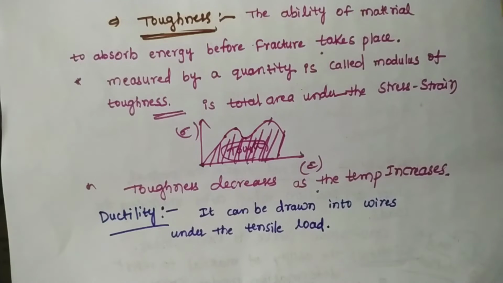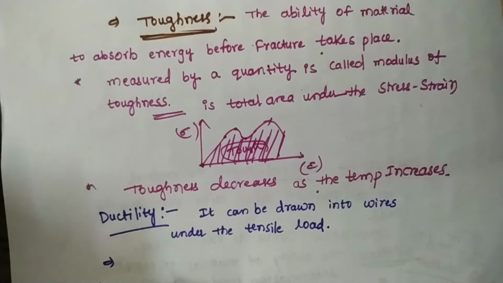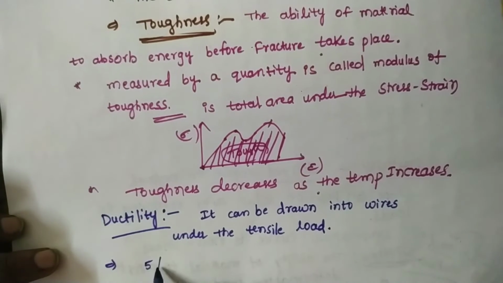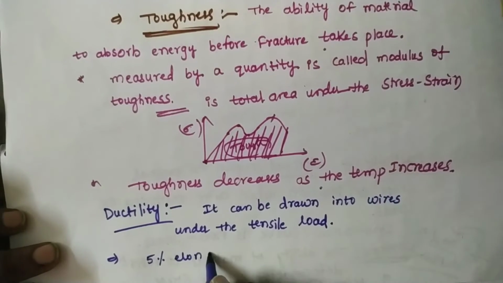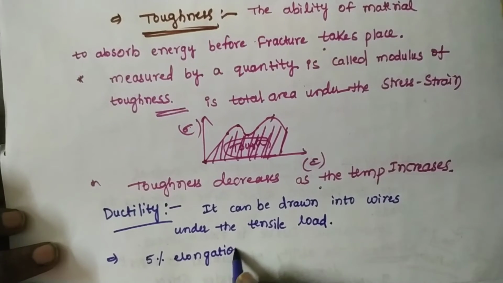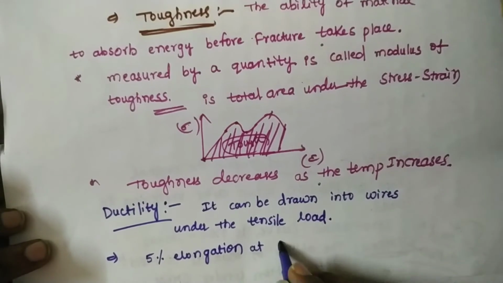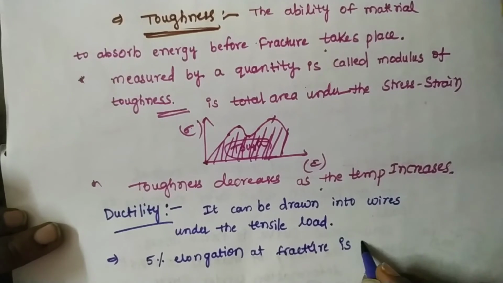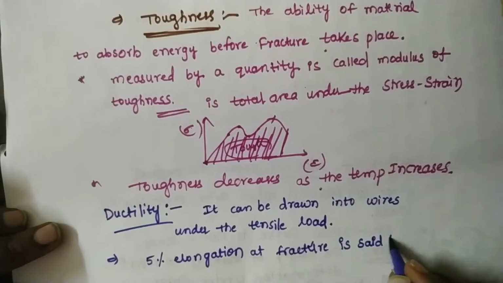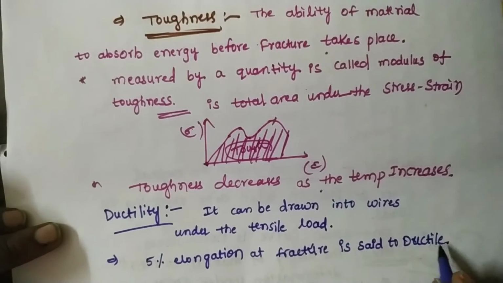In case of ductility, a metal having more than 5% elongation at fracture is said to be ductile.